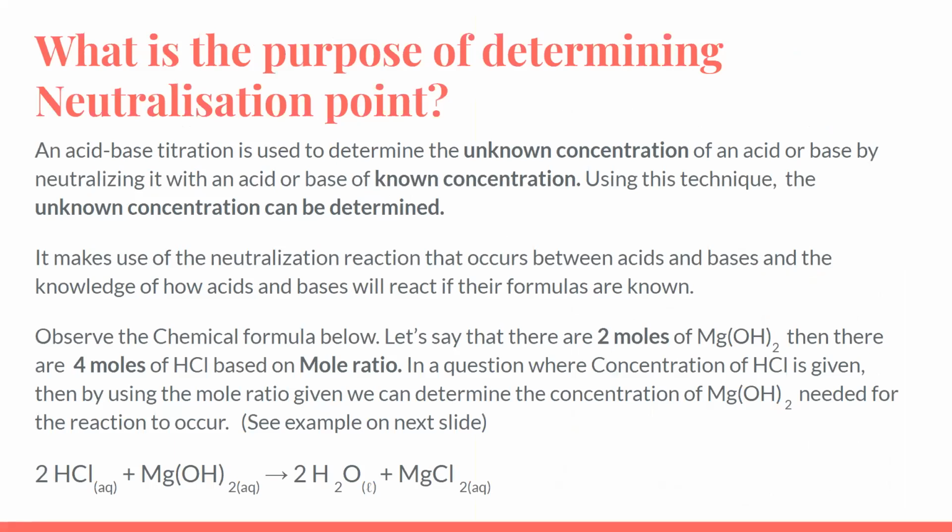So let's go back. We said that acid-base titration is used to determine the unknown concentration of an acid or base by neutralizing it with an acid or base of a known concentration. It makes use of the neutralization reaction that occurs between acids and bases, and the knowledge of how acids and bases will react if their formulas are known.